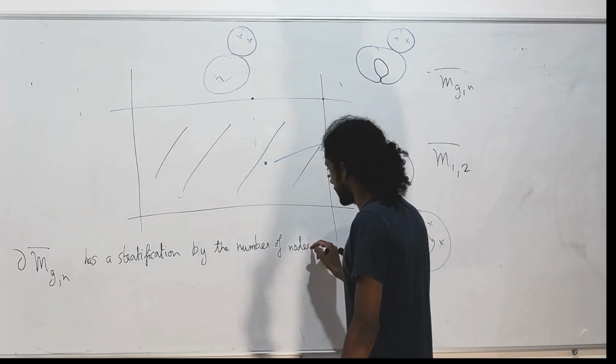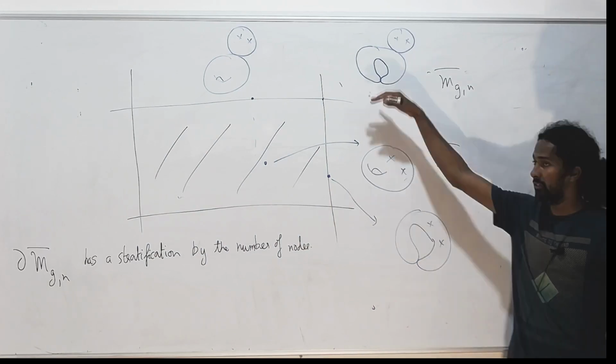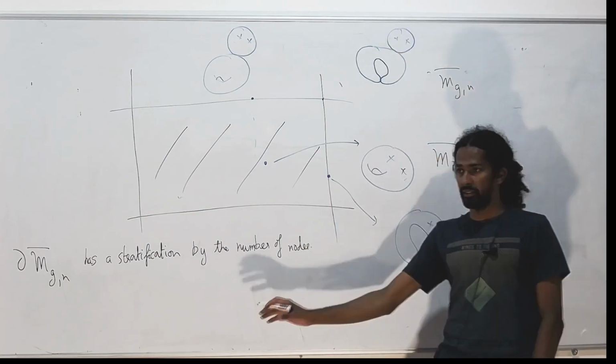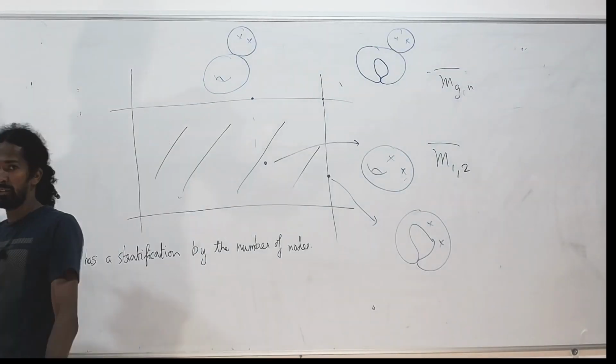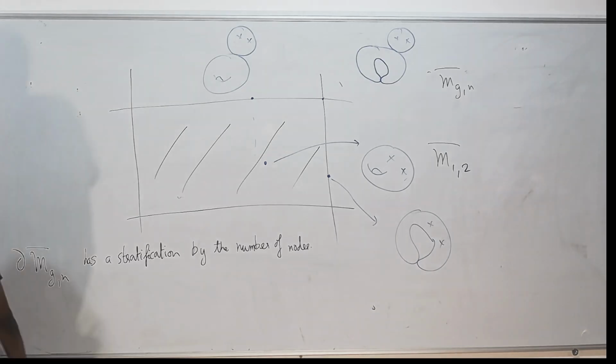This is just a way of saying what I just said, right? If I go to codimension 1 things, then I'm going to have one node, and if I go lower, then I get two, and as I go deeper into the boundary, I create more and more nodes.